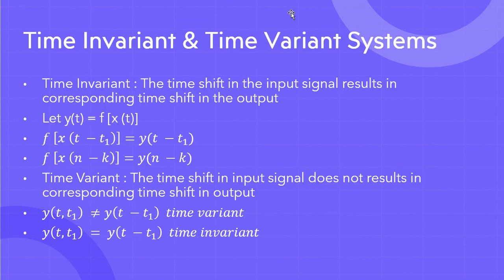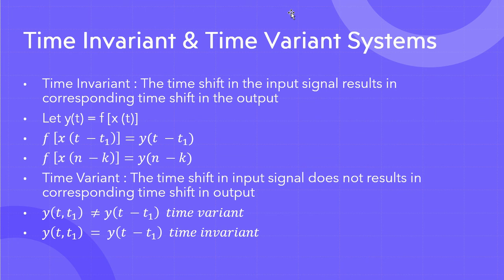Now let's see the second one, time invariant and time variant systems. What system is called a time invariant system? Let's first see it for a continuous time system. A continuous time system is a time invariant system if a time shift in the input signal results in a corresponding time shift in the output signal as well, right?